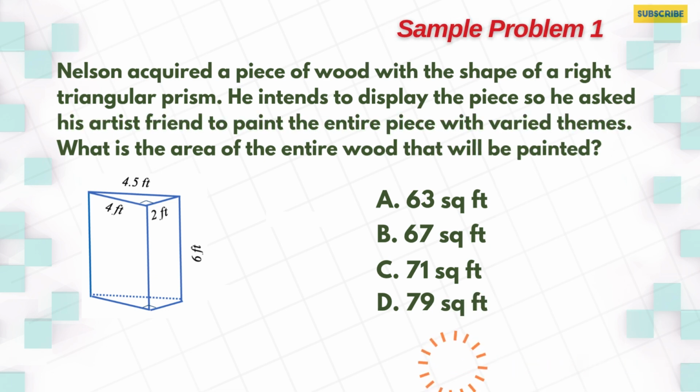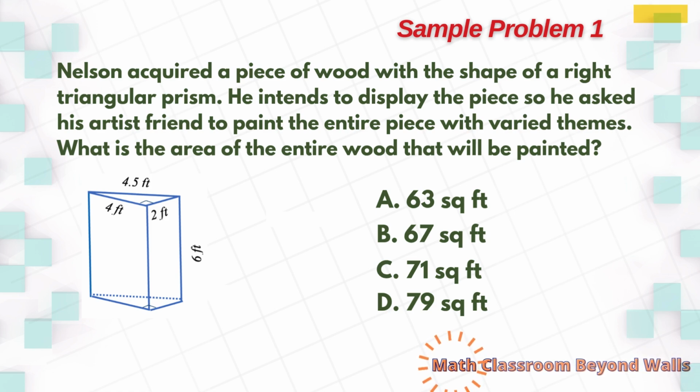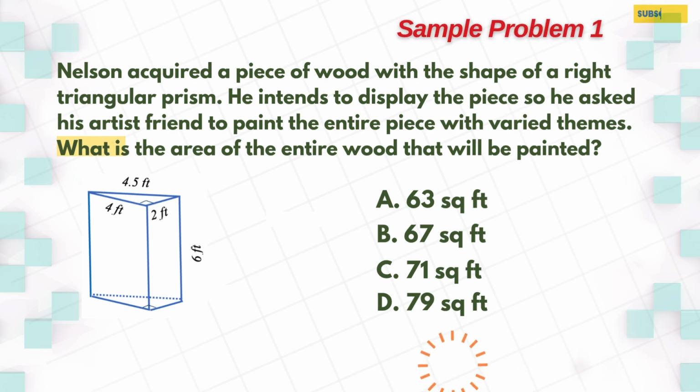As usual, we begin by reading the whole problem and may read it several times when needed to know what we are looking for, to determine what are given, and to figure out how the given information help find what we are looking for. What is asked in the problem, learners? Okay, here we are asked to find the area of the entire wood that will be painted. What are given?